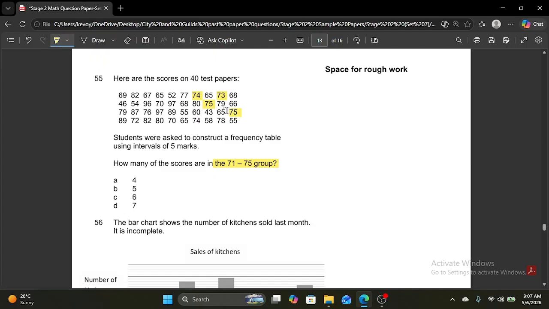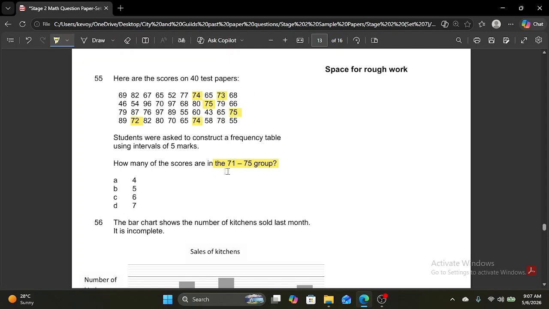So that's four. Below, fourth row, we have 72. That's five. Then we have another 74. So that will be our six. Is there anything else? No.